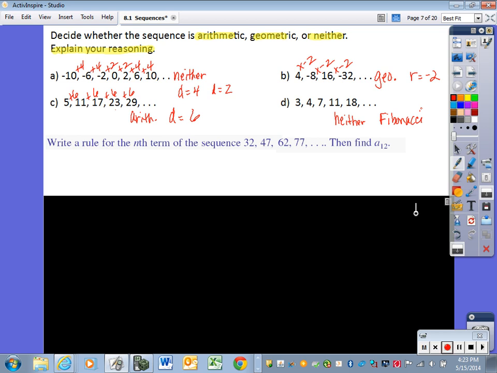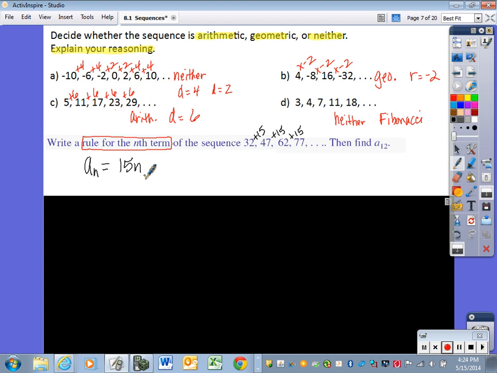Write the rule for the nth term. When your sequence is 32, 47, 62, 77, what are you doing? Adding 15, adding 15, adding 15. So I would write the rule is going to be 15n.